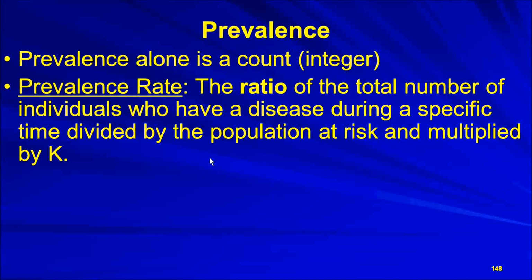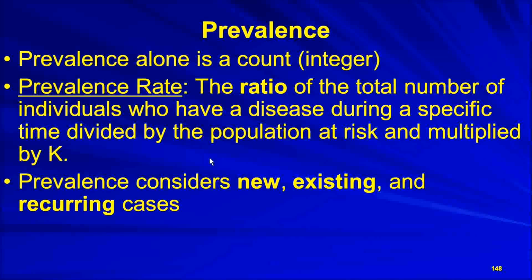It says prevalence, and notice it's always going to say this: the ratio of the total number of individuals who have a disease during a specified period of time by the population at risk, multiplied by K. And then it says what I just said.